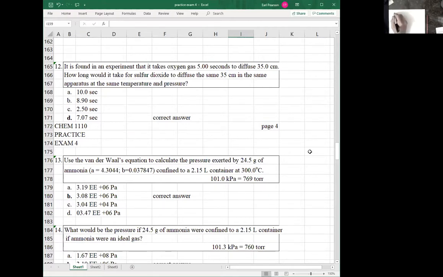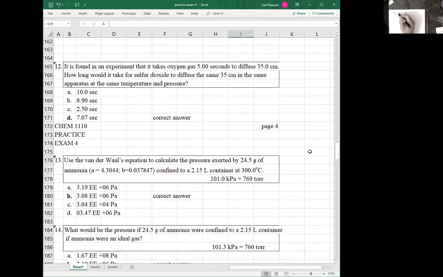Now, Graham's law says the velocity of gas 2 divided by the velocity of gas 1 would be the square root of the molecular weight of gas 1 divided by the molecular weight of gas 2.